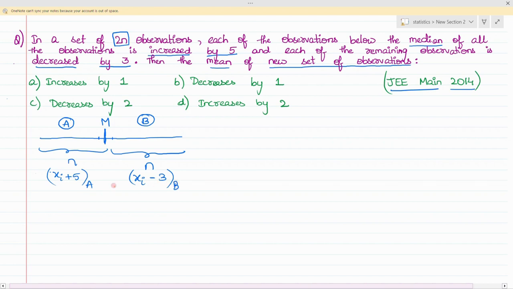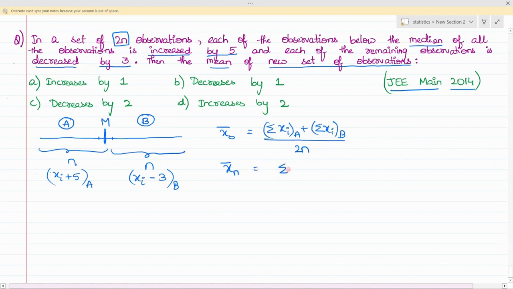Now we need to find the mean of this new set of observations. So what will be the old mean? The original mean is nothing but sigma xi of A plus sigma xi of B upon 2n. Now let us find the new mean.